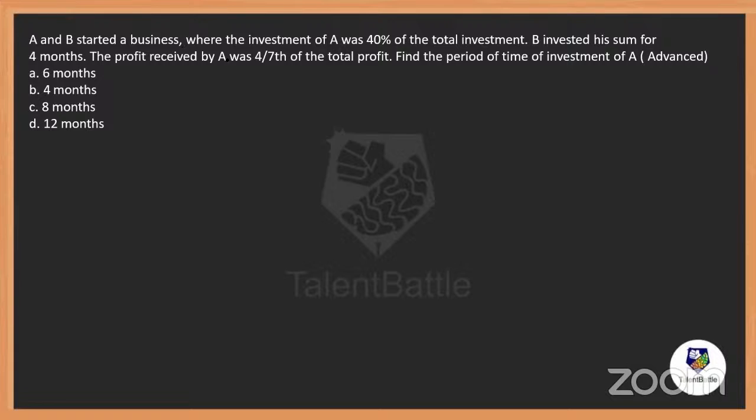A and B started a business where the investment of A is 40% of the total investment. B invested his sum for 4 months. The profit received by A is 4/7 of the total profit. Find the period of investment of A.